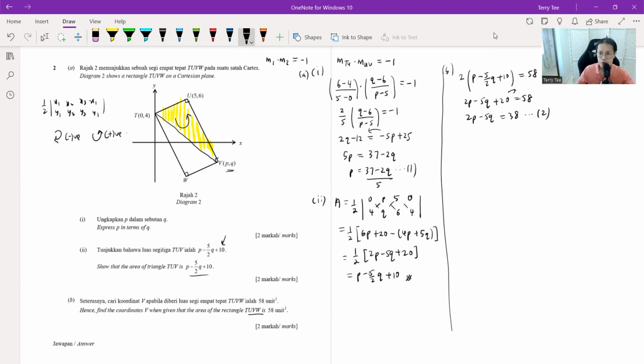So since P is already written as a subject, for the first one, I sub 1 in 2. Okay, my P is 37 minus 2Q over 5. Minus 5Q. This is 38. Now let's multiply everybody by 5, just to get rid of the fraction. At the same time, I multiply this inside one by one. We know 2 times 37 is 74.